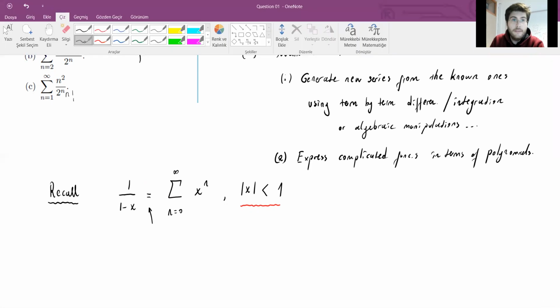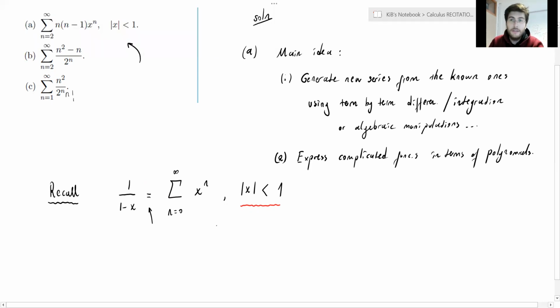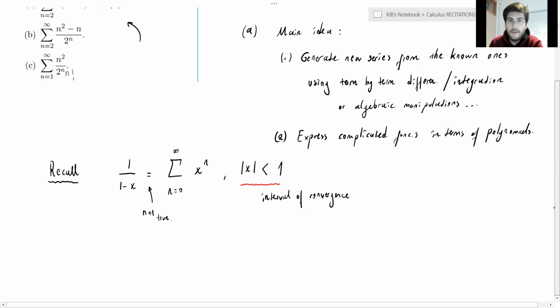Therefore, once you define such an equality, you always specify the interval of convergence, okay? So this is actually the interval of convergence. Okay, this is not true always. This is true if you are in the interval of convergence. Fine, so these are basic ideas.